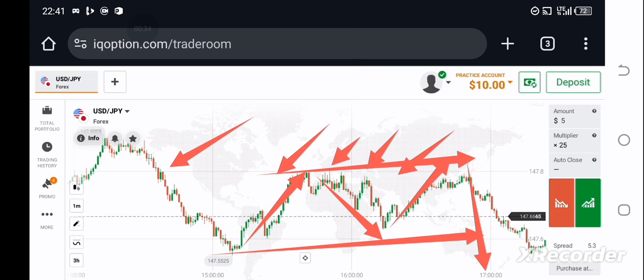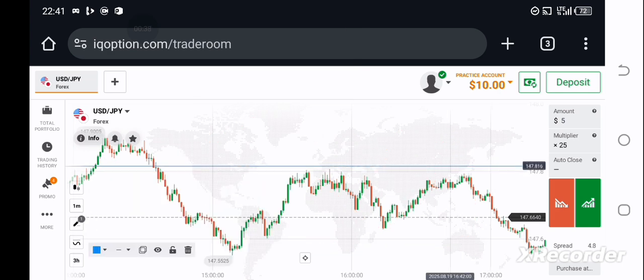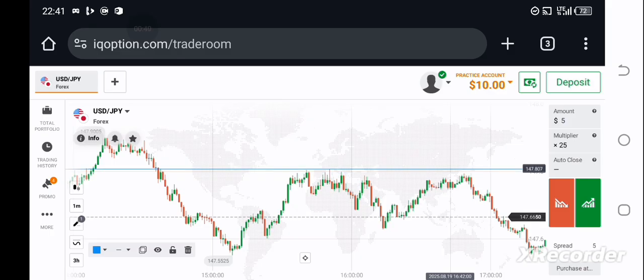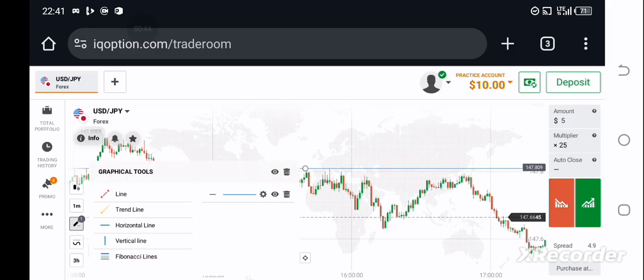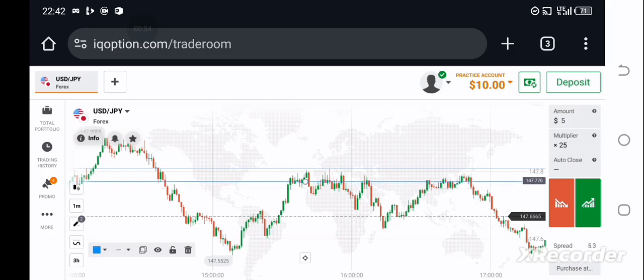Okay, so now let's draw the supply zone. Look at the supply zone from the wick of this bullish candlestick to the wick of the next bullish candlestick. So this is our entire supply zone.